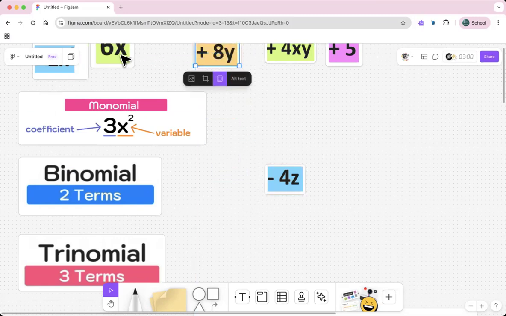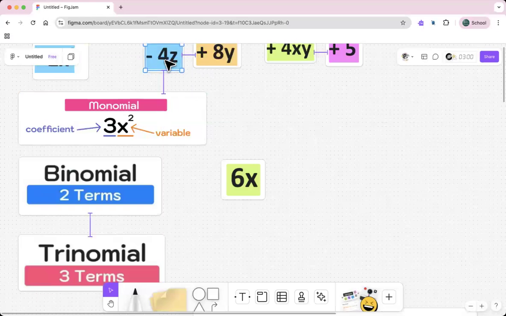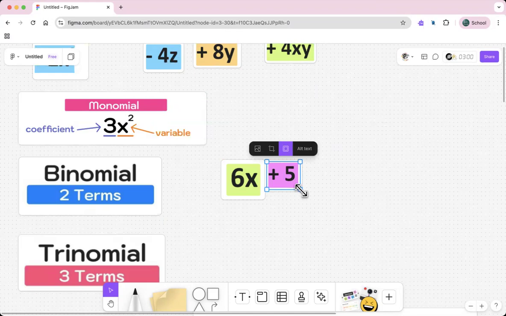If I wanted to take 6x minus 4z, that would also be another example of a binomial. Or take the 6x and combine it with my constant positive 5. We have two monomial terms separated by the addition sign. Together they become a binomial, the expression 6x plus 5.